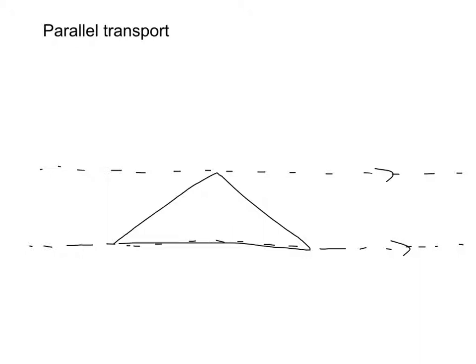One other idea that's very powerful is the idea of parallel transport. So this is the idea that if you take a shape and cut it into lots of little parallel strips, very, very small parallel strips, you could sort of rearrange those strips in any way you want.